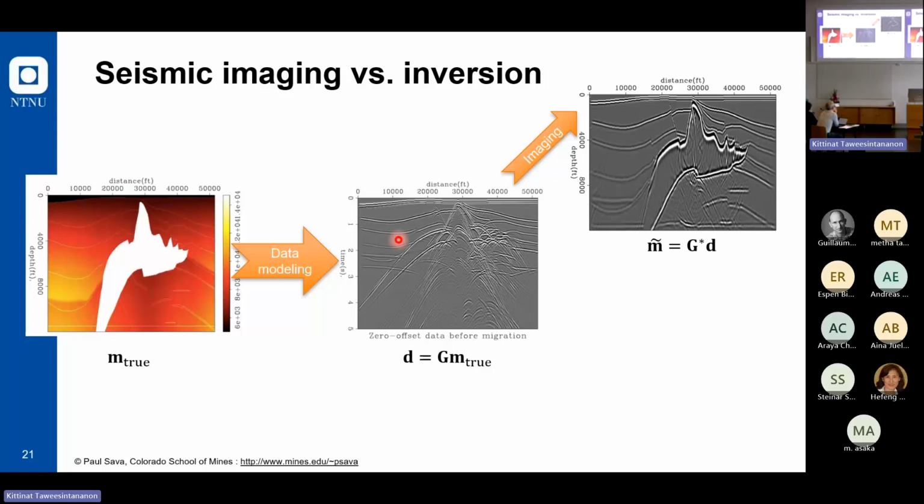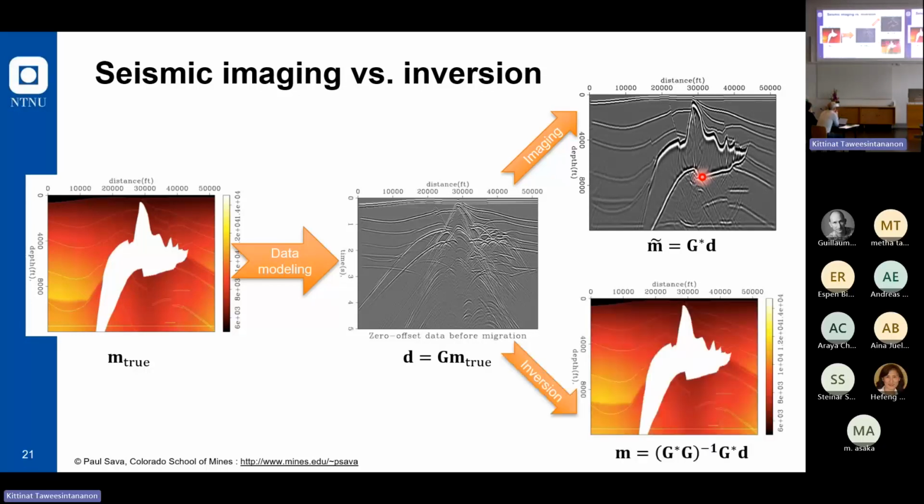Seismic imaging tries to return back to the image domain, something that looks like the subsurface structure, by applying what we normally call the adjoint operator of G to the data and get an interpretable seismic image.